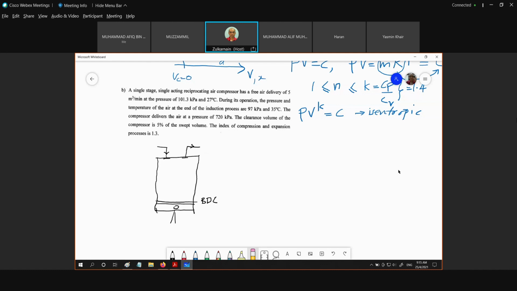Yes, there is. The clearance volume is 5%. So now the piston crown does not hit the cylinder block. So we have what is called the VC. So we have TDC right here.